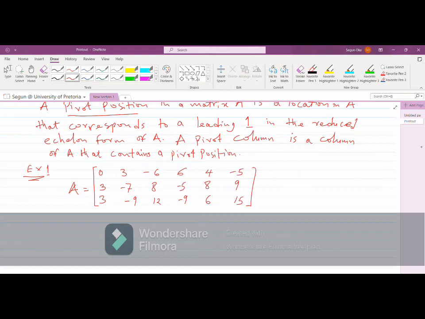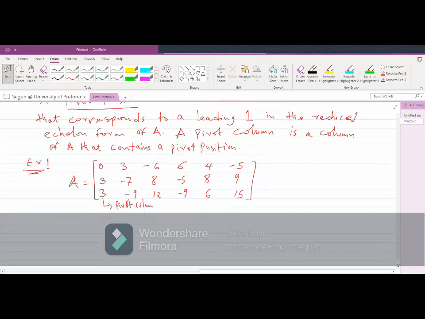Anyway, you might be right, but I don't know the reason. But you will see, as time goes on. You will all see. Anyway, we can identify that this is our pivot column. Okay, let's continue. But how do we solve this problem?